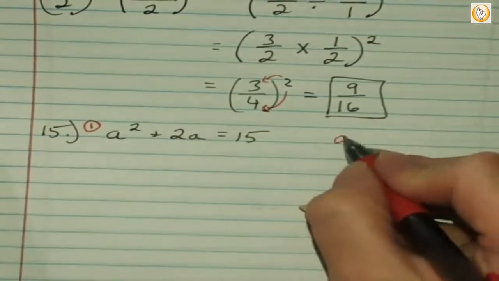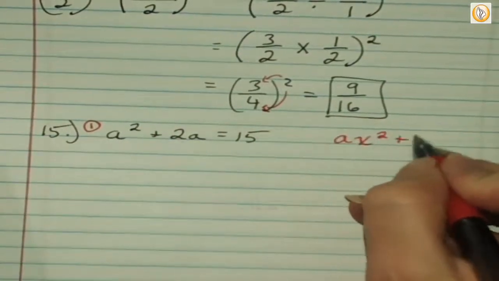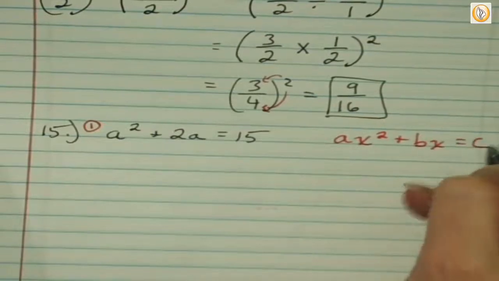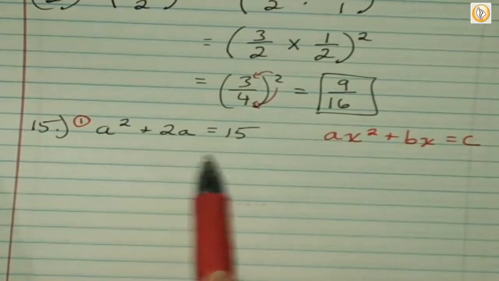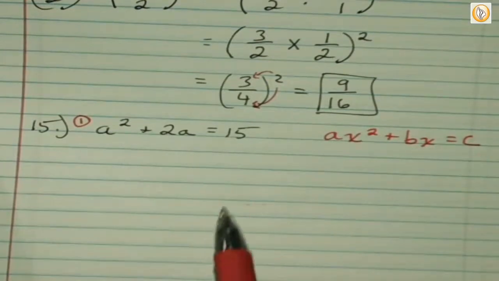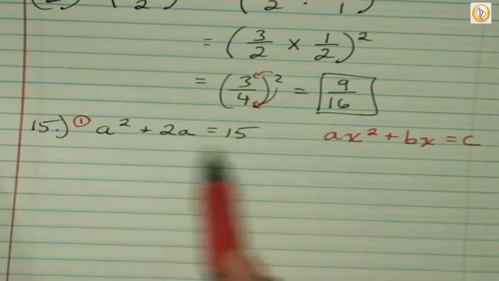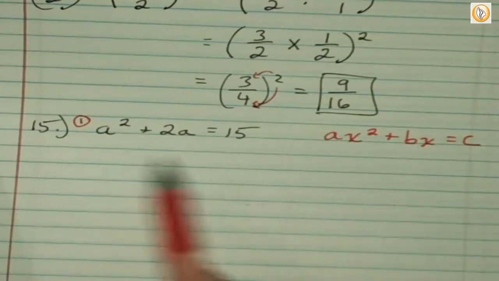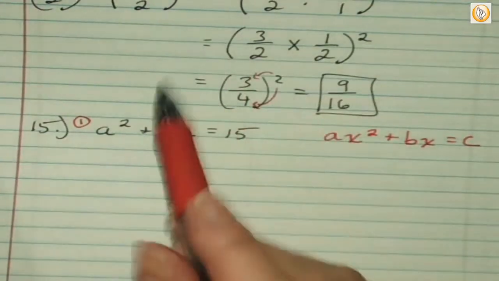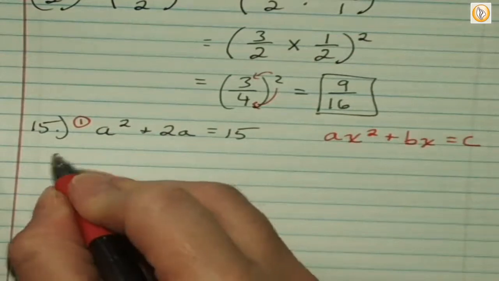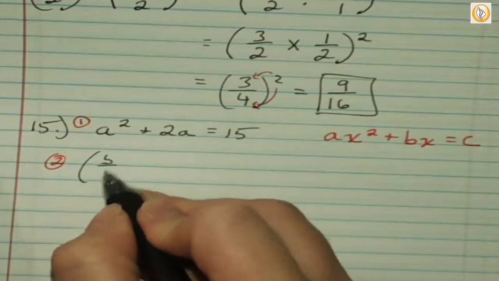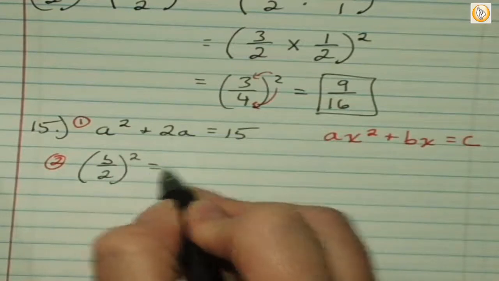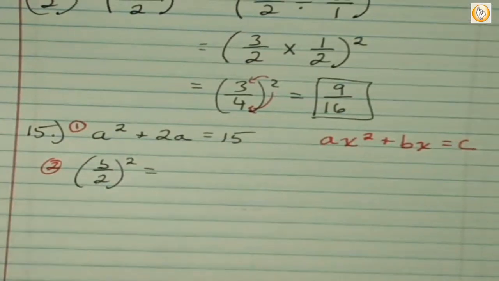Step 1 was make sure that it's in this format with c over here. Is this ready to go? Aiden, is this in the correct format? Okay, good. So it's already done for you. Step 2 is what we've been doing. So step 2 is where we do the b divided by 2 squared. So Aiden, what would I do for this one?